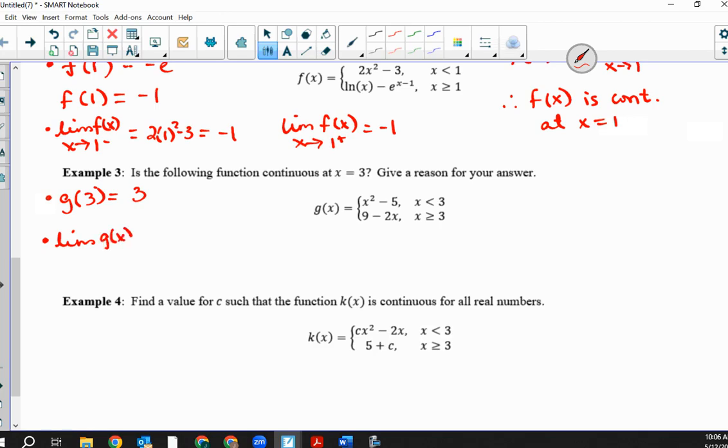So let's do the limit of g of x as x approaches 3 from the left. So we plug it into the top piece. What do we get? 4. And from the right, we already know is what? So these are not the same, right? Not equal. All right, therefore, the limit does not exist.